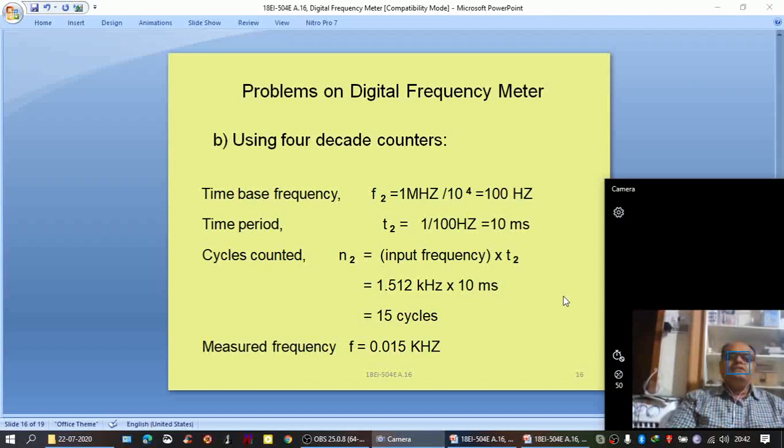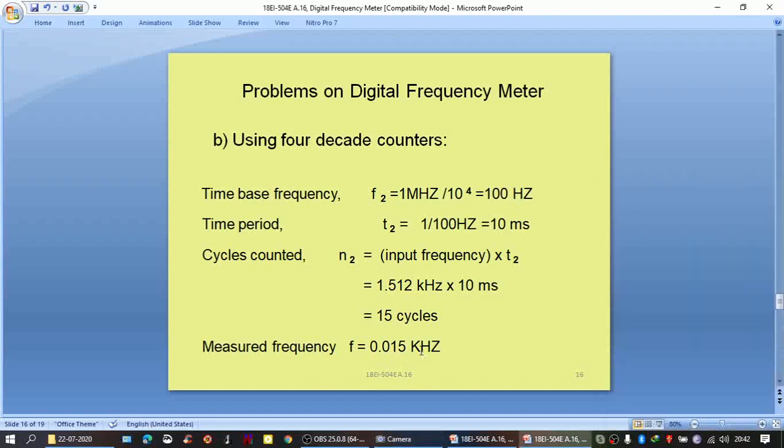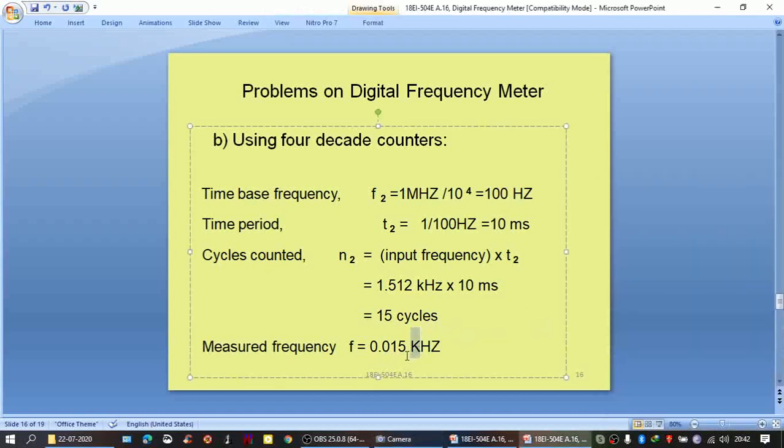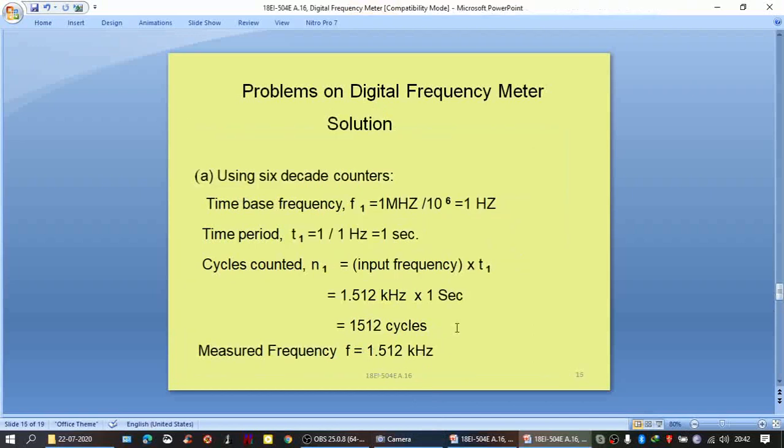The frequency is 0.015 hertz, not kilohertz exactly, hertz. Or we can say that it is 1.5 kilohertz.